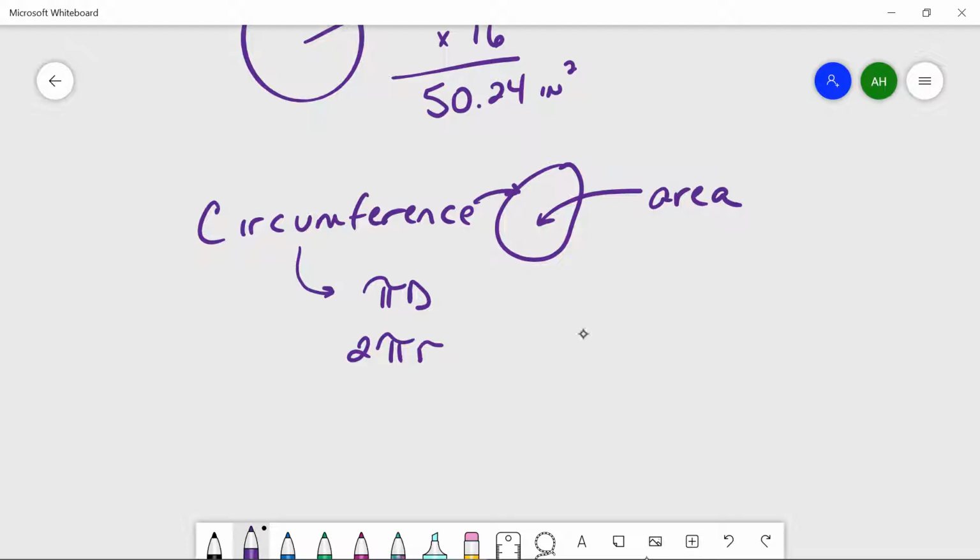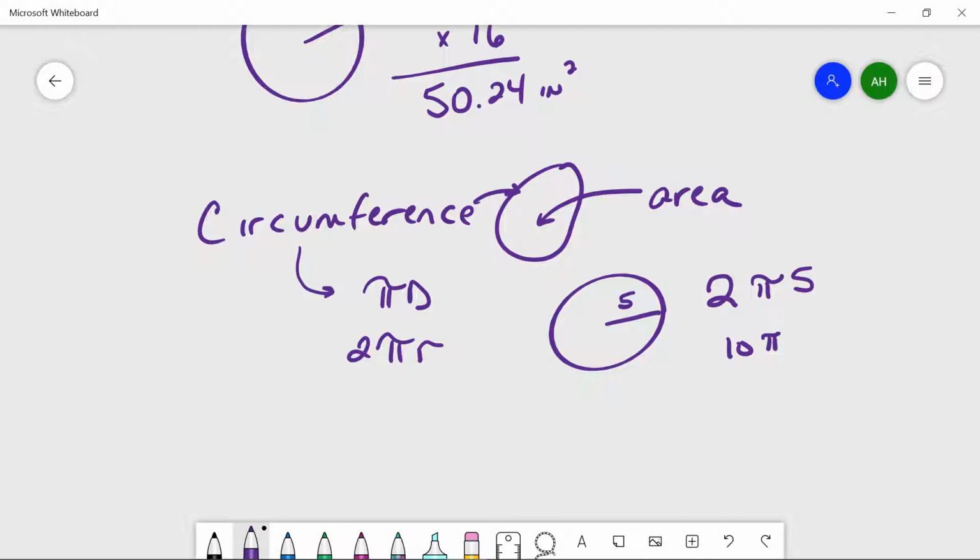So if I've got a circle and my radius here is 5, I'm going to do 2 times pi times the radius, or 10 pi.